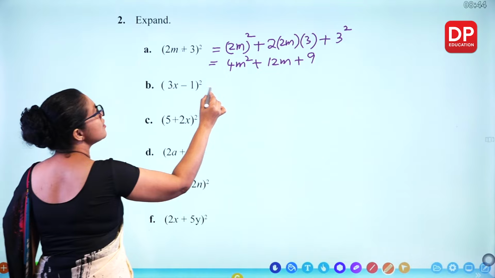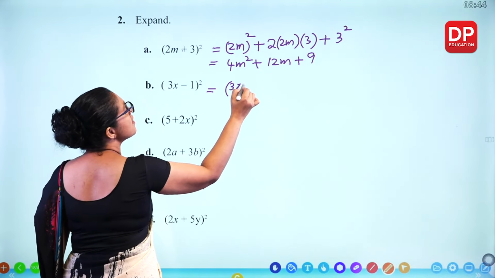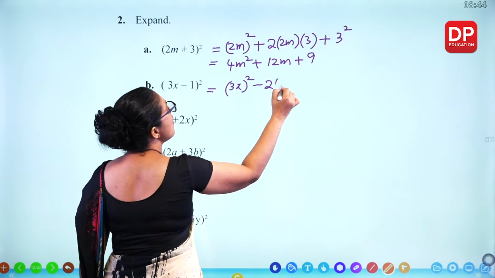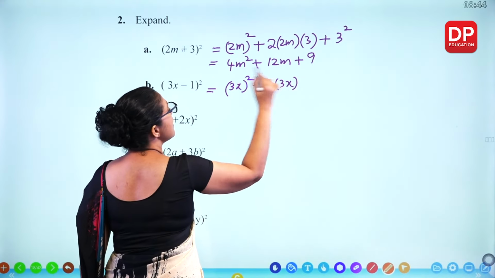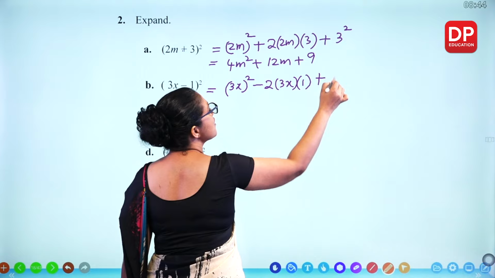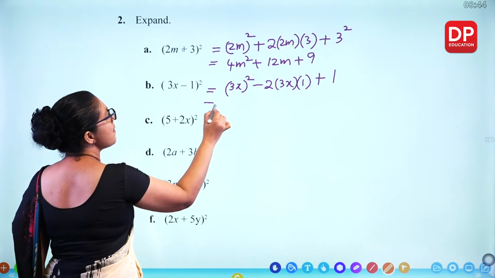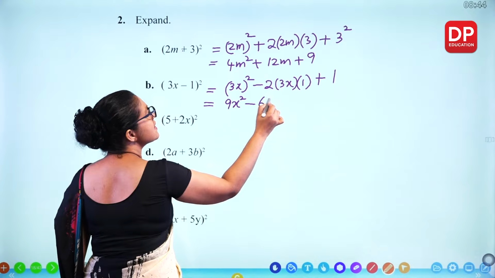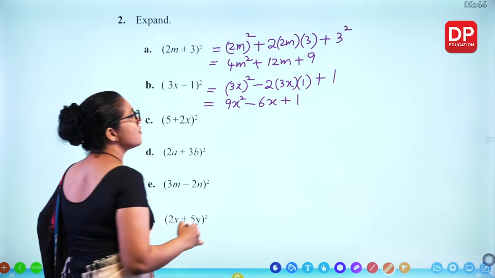This one, use the pattern. First term squared, minus double of the first term and the last term, and then last term squared. 1 squared is 1. Expand it. 9x squared. 2 times 3, 6. You get 1.